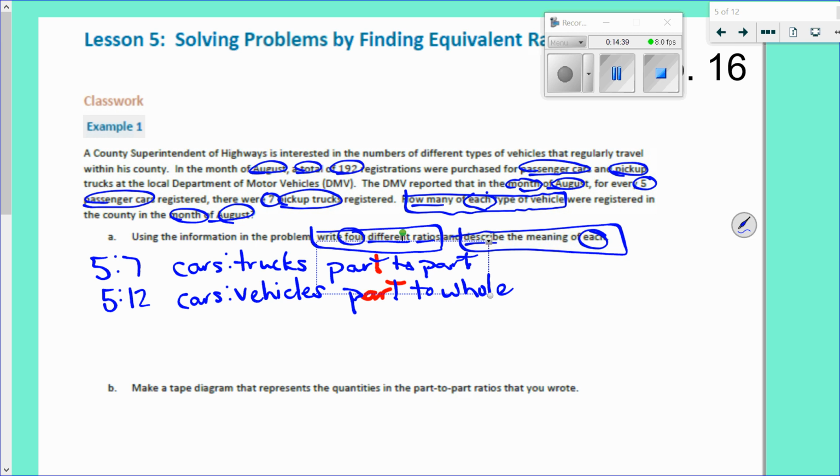Emily, you want to do another one? Great. 192, and that's going to be total registrations to cars. So what type of ratio would that be?